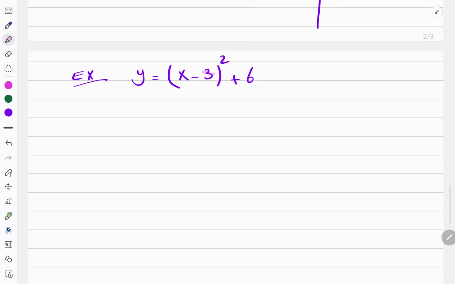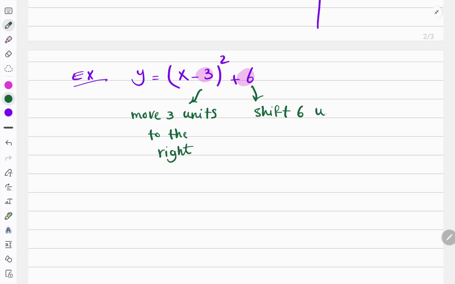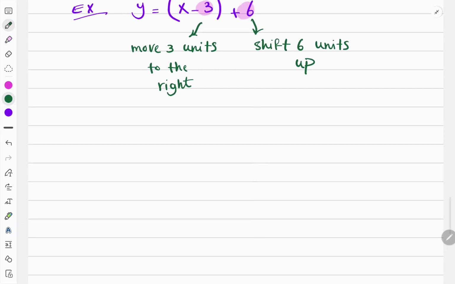So here we have a -3 and +6. So we should shift 3 units to the right and shift 6 units up.